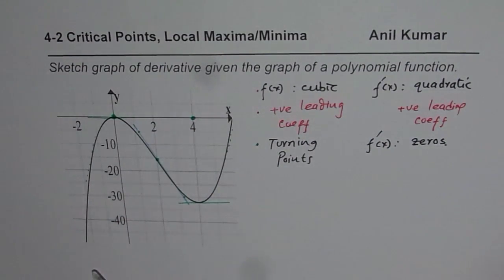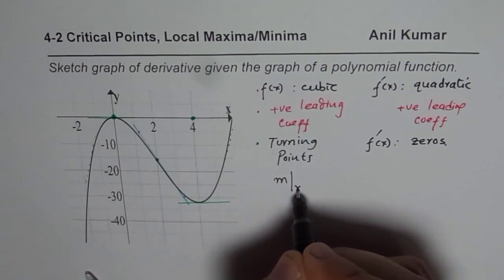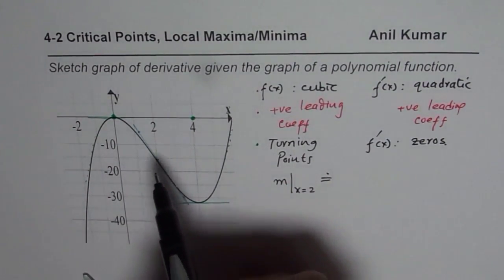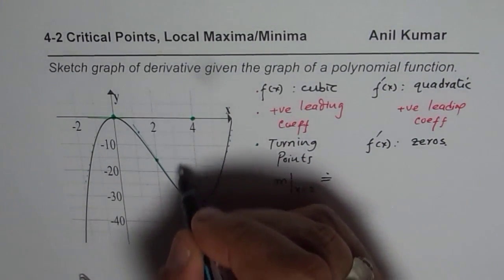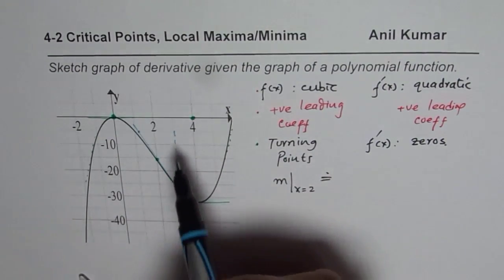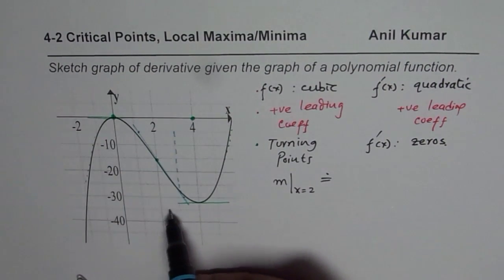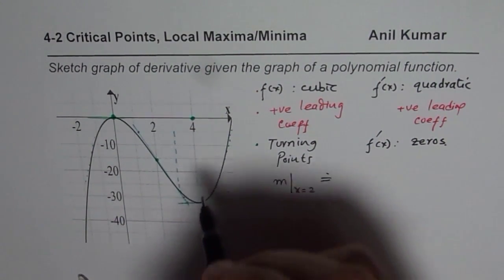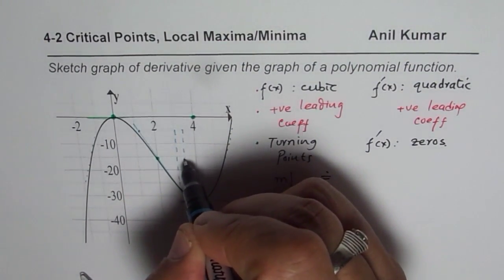So the slope at x equals 2 is approximately what we get from this triangle. We have this rise, from -5 to 30, up to about this place.